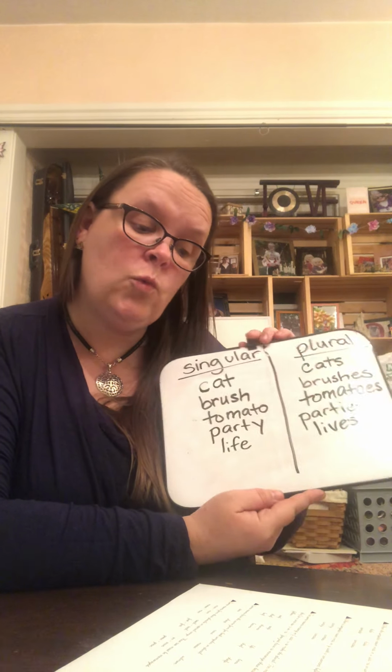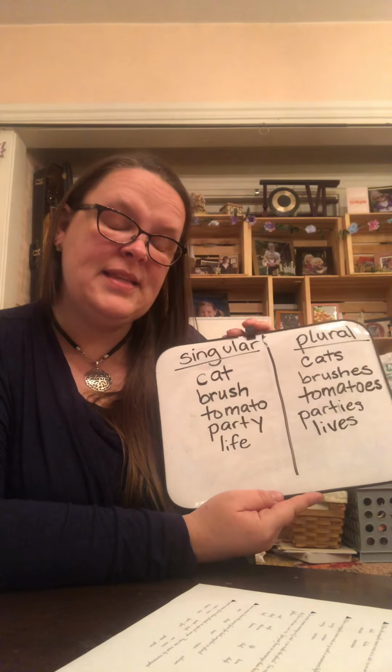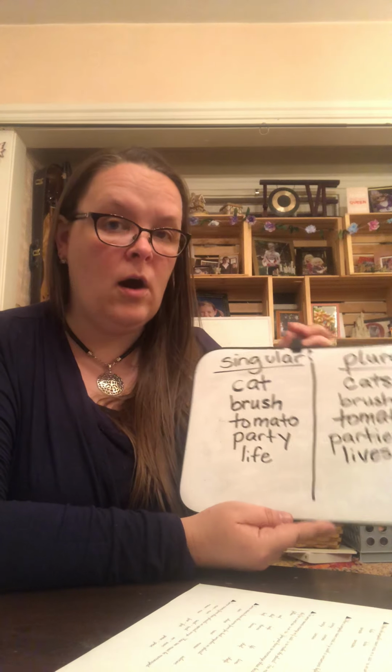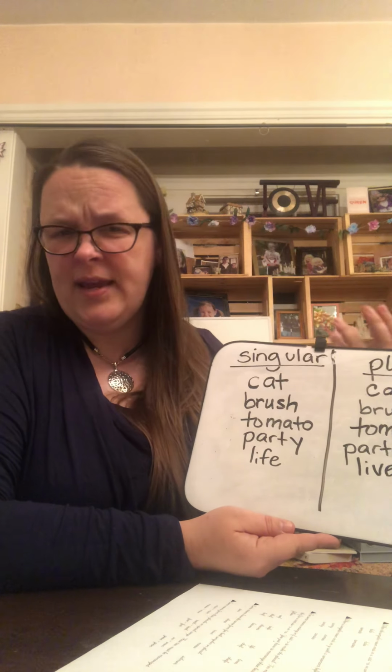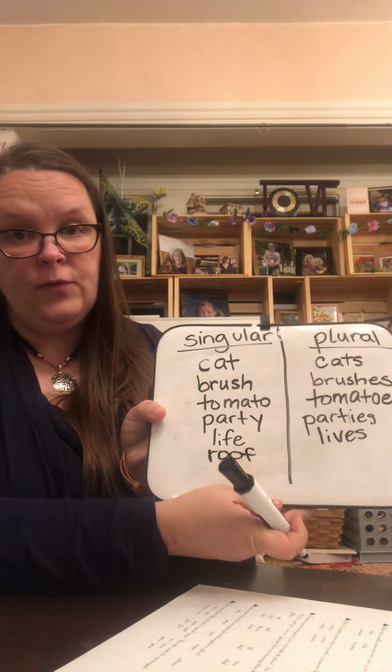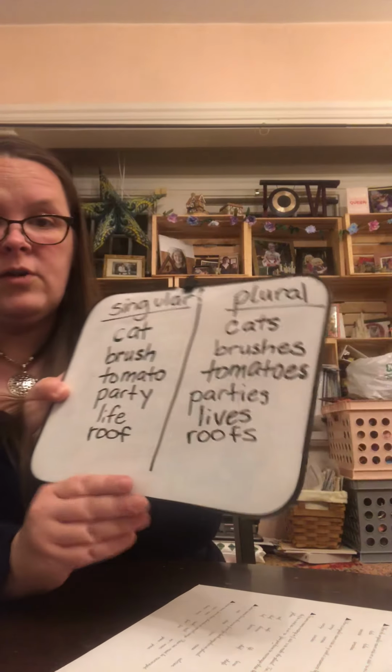Now, the thing that is weird about this is that even though we often end up making that V sound naturally, with some words that end in F, like the one I tried to do initially, roof, with that one, we just make our mouths muddle through, and we have roofs.